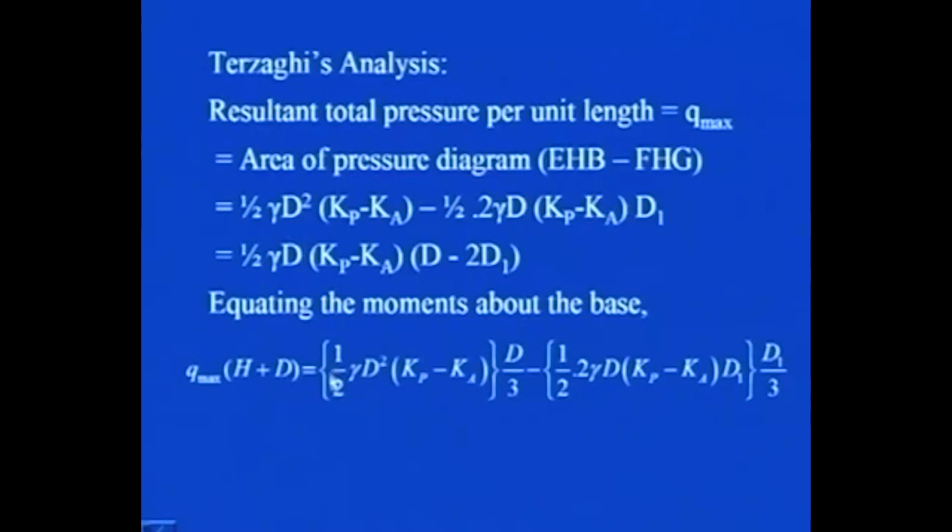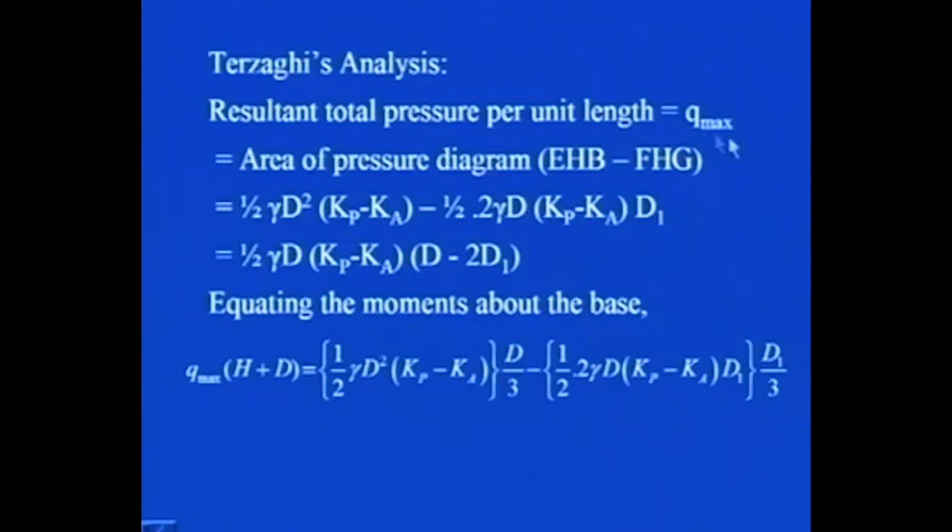So the area is taken at a distance d by 3 from the base, minus the area of the pressure diagram FHG, acting at a distance of d1 by 3 from the base, and this will be equal to Q max into H plus D.